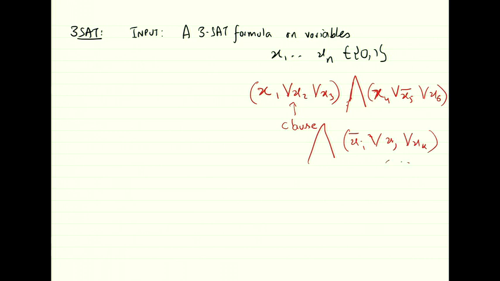Basically, a 3-SAT formula has n Boolean variables and m clauses on these variables. These are like constraints, so think of it as m constraints on n Boolean variables. So this is a formula with, let's say, m clauses, C1 through Cm, where each clause is an OR of three things.